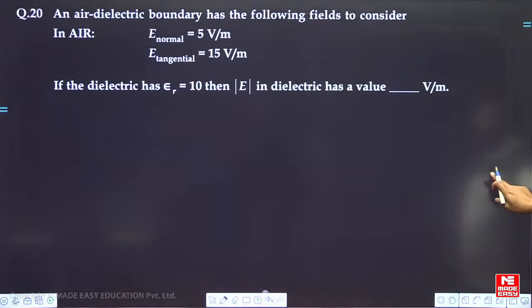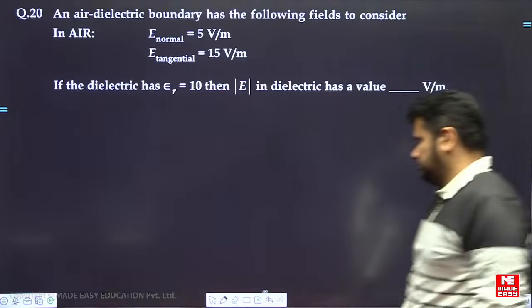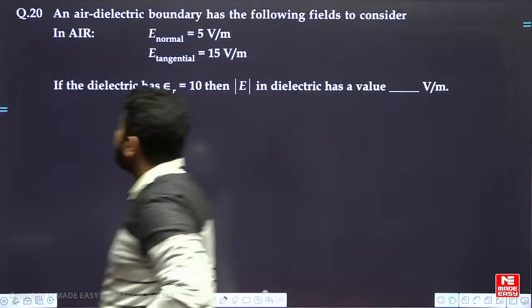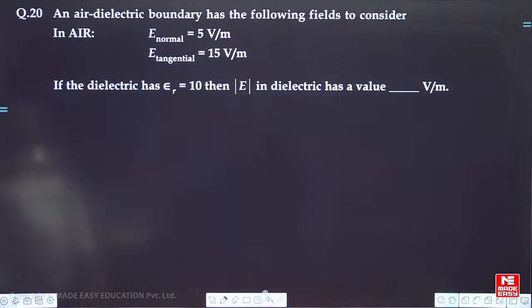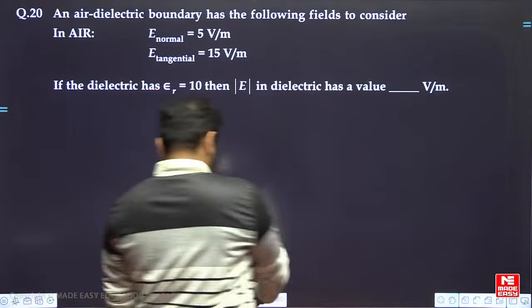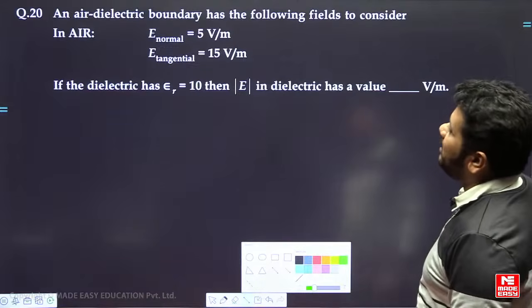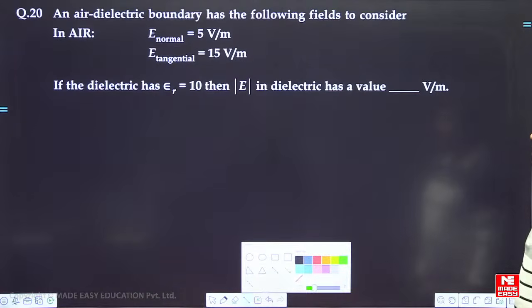Question number 20. An air dielectric boundary has the following fields to consider in air. In air, electric field normal is 5 volt per meter, E tangential is 15 volt per meter.